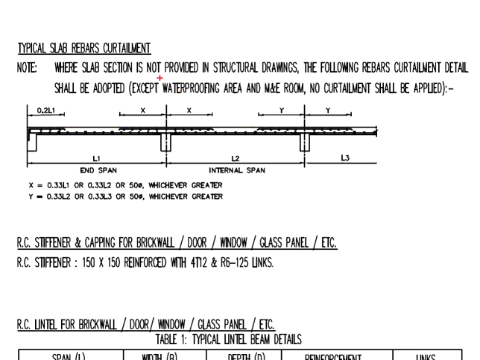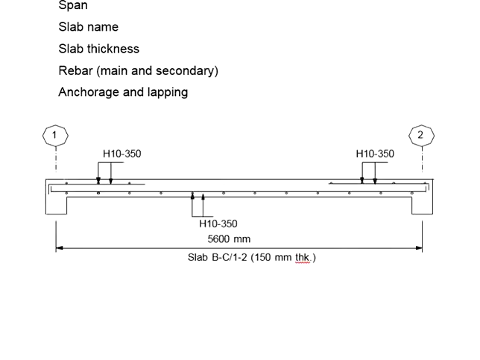In the case that you are dealing with waterproofing areas and MME room, you will need both layers of reinforcement bar to be fully stretched over the entire slab. Now coming back to the question, what are the dimensions that shall be appropriately provided here?